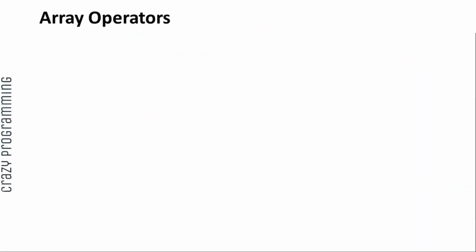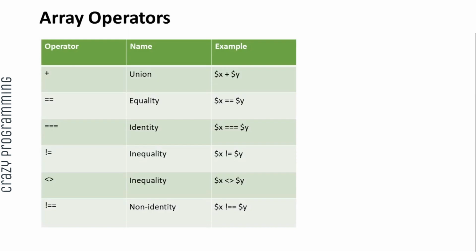let's go to the next one, array operators. The array operators used are plus, double equals to, triple equals to, not equals to, greater than and less than sign, and not double equals to. So we are using these 6 operators here, and with the example you can understand what is the use of these array operators.